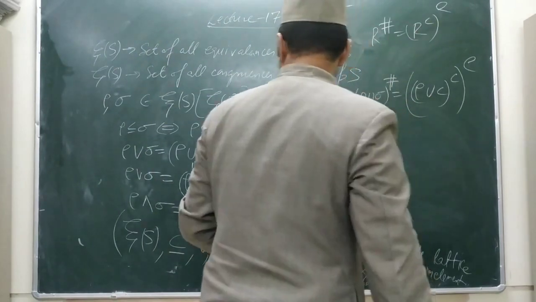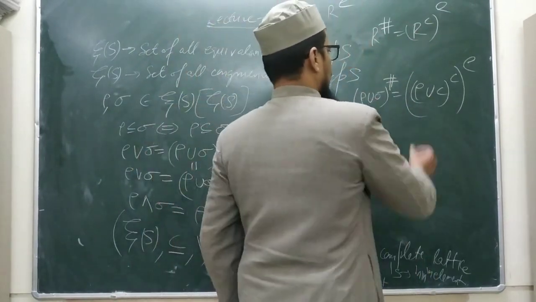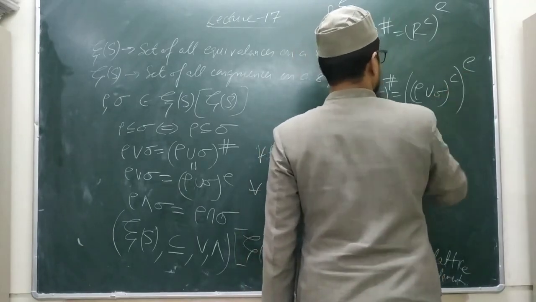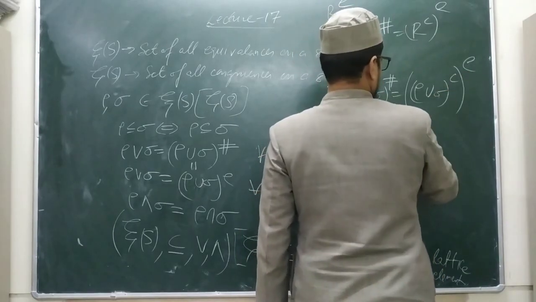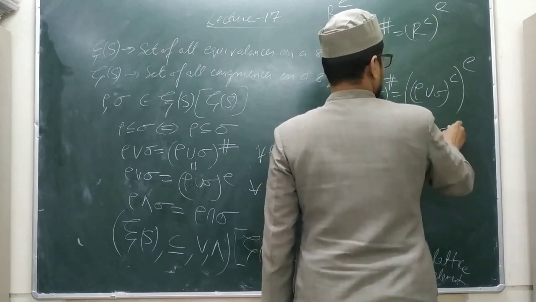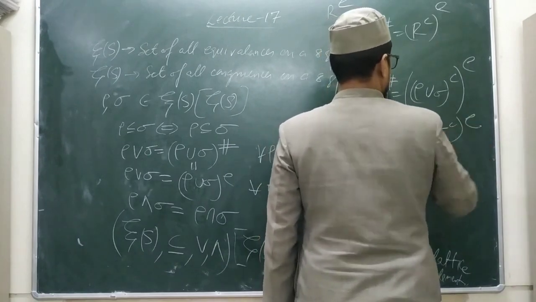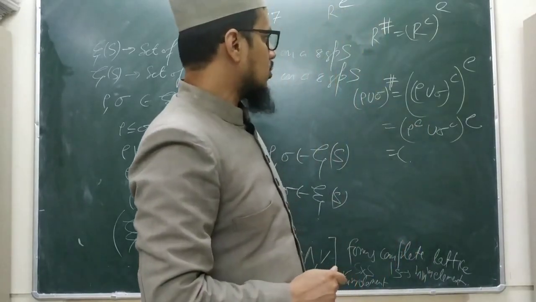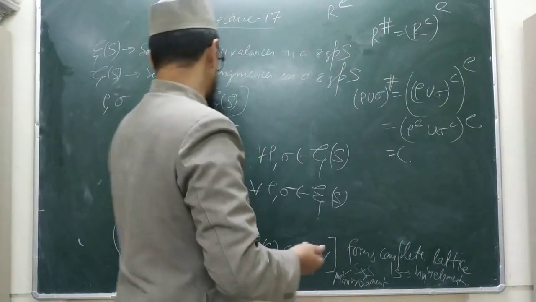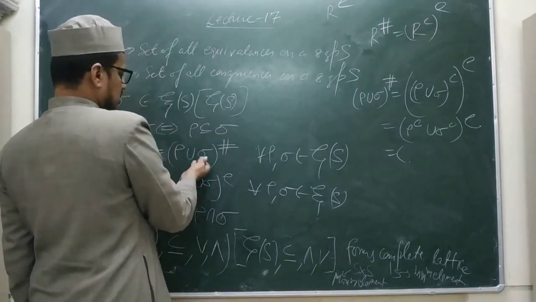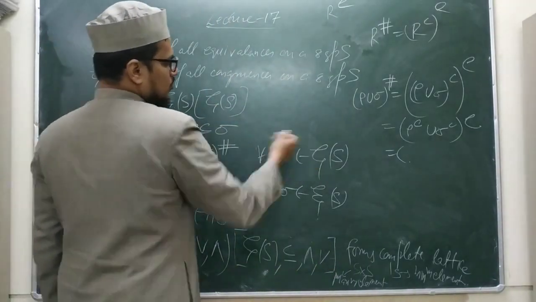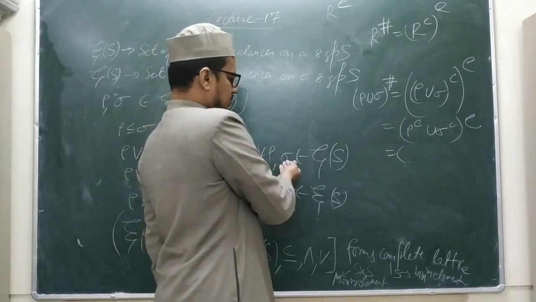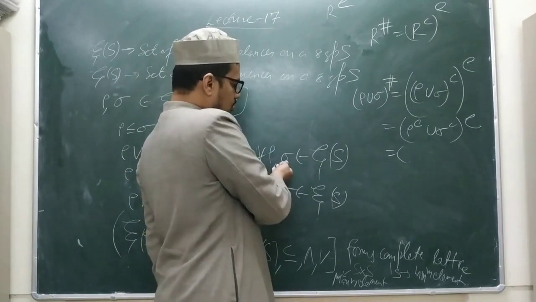So R hash is R C E. Now we can calculate here. Rho union sigma C E is rho C union sigma C E. And what is rho C? Rho is a congruence, because rho join sigma is rho union sigma hash for every rho, sigma belonging to the set of congruences. Here rho and sigma are equivalences, here rho and sigma are congruences.